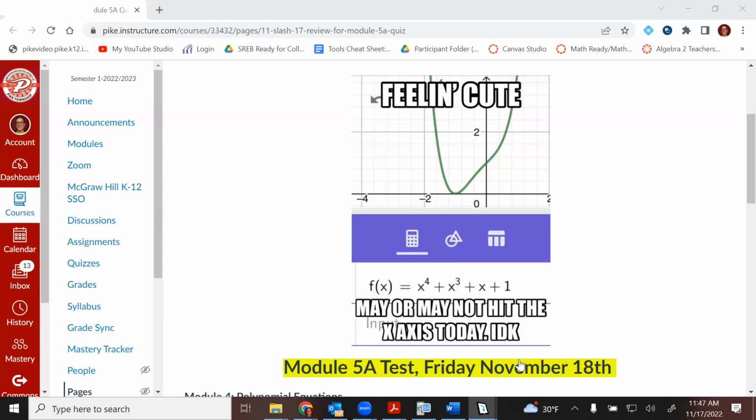Let's go do the one on the back. How many x-intercepts are there on the one on the back? 5. Good, we got 5 roots here. There's one here, here, here, here, and here. I'm going to write all of those down. No particular order.